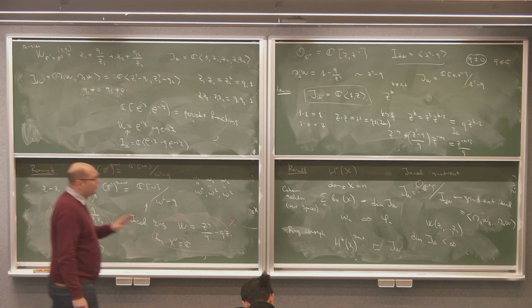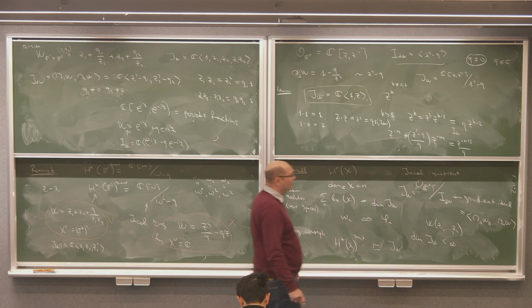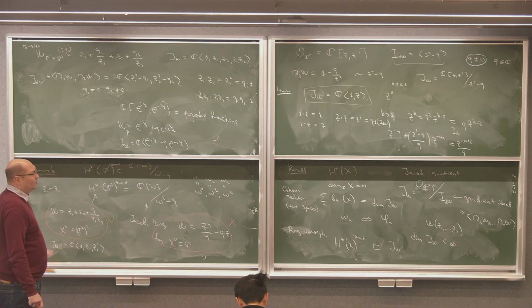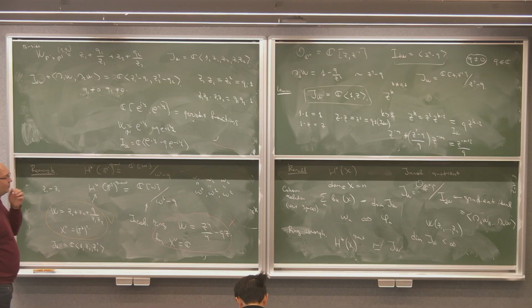But we will see in the tropical setting how to actually see this appearance of C star to the power n from the A model, going through some resummation in some quantum mechanics and arriving at the B model with precisely this target.